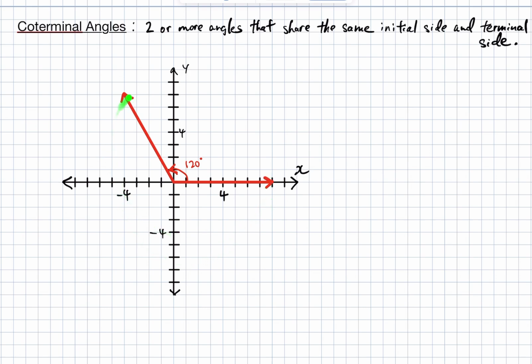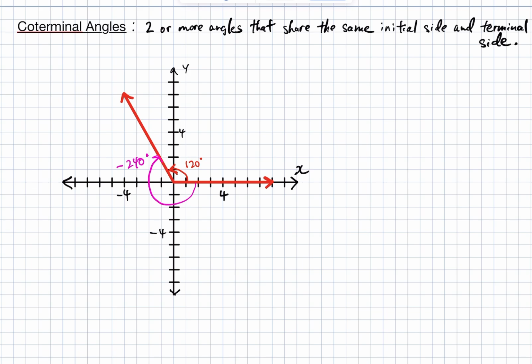Okay, so if we rotate clockwise, that gives us an angle of negative 240 degrees. Okay, now how did I arrive at negative 240 degrees?